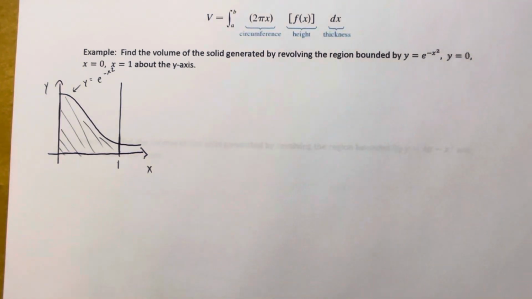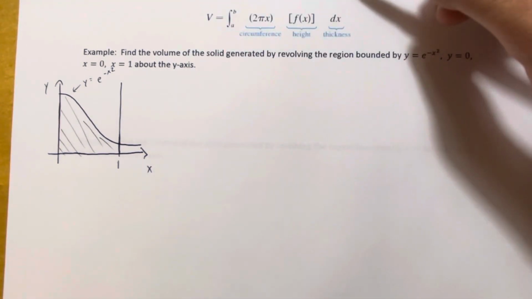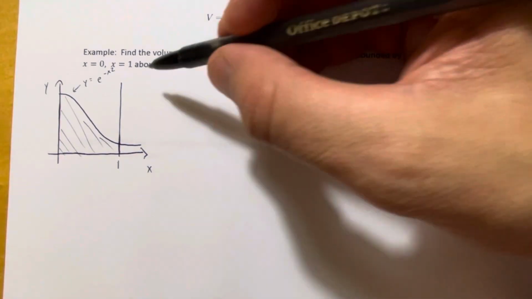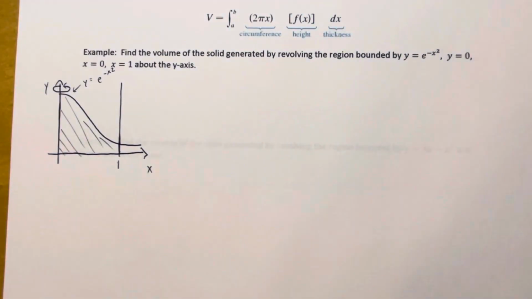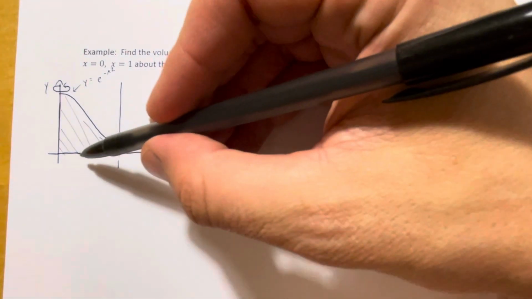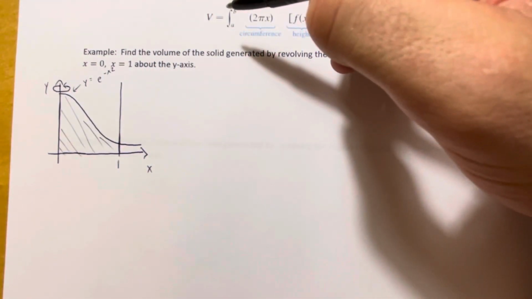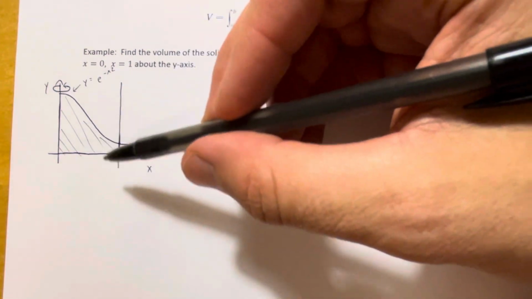All right, now what I want to do is put another little mark on here indicating what axis I'm rotating about. So it says the y-axis. To remind myself which axis we're rotating about, I'm going to do that. And remember, the key thing here for the shell method is to draw yourself a little rectangle in your region and make sure that your rectangle is parallel to the axis you're rotating about.